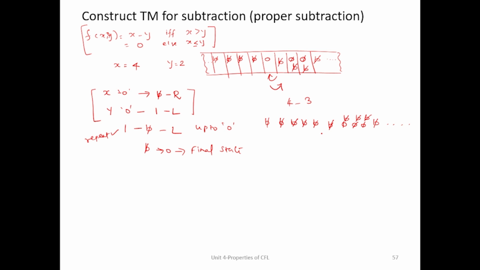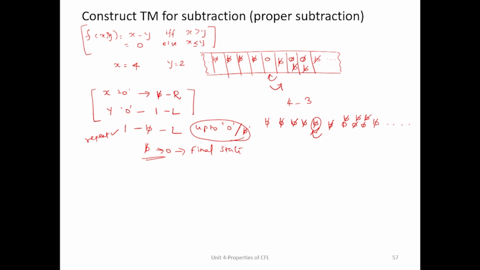After replacing all the 1s, if the control head reads a blank space, you do the same procedure. So what should we do? Up to 0, you do the process. Otherwise, up to blank space, you do the process. That is the only logic behind it. So up to a blank space or 0 read by the control head, we repeat the replacement of 1 with blank space.